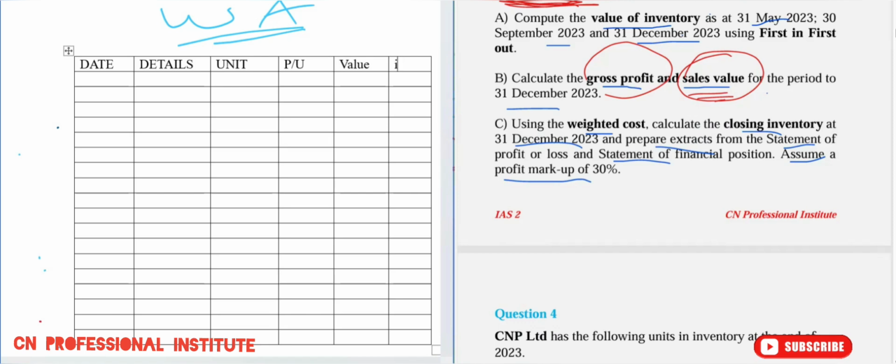Some say this cost per unit is the issue cost. You can name it anyhow. Just know that this is what we use to get the weighted average cost per unit.